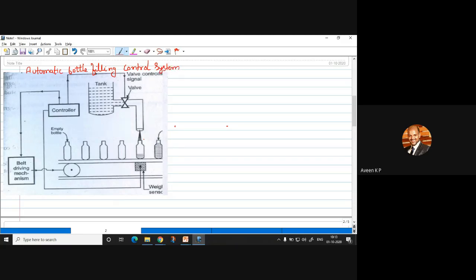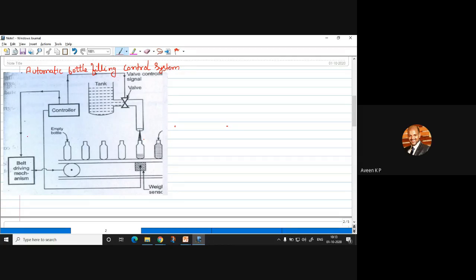This is a system I'm not telling is complicated, but if you want to analyze this system, you need to rewrite it in terms of a block diagram, and that particular block diagram we will reduce to obtain the transfer function. Now you can see what elements are involved here.